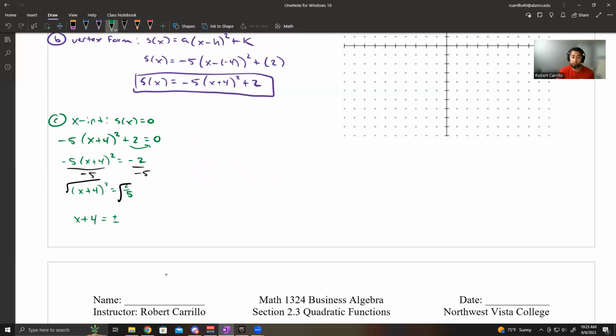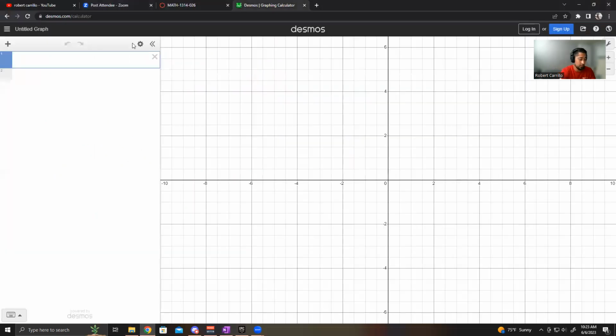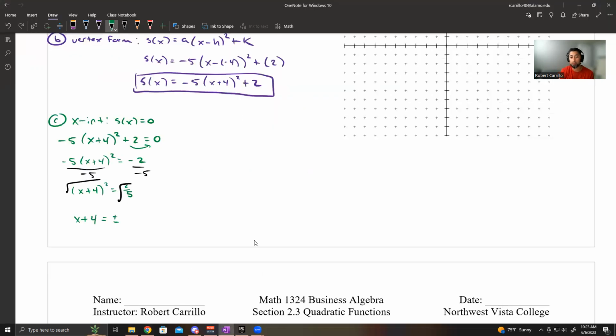All right. So I do have Desmos up to show you guys. We can type this in. I can do the square root of 2/5. And we'll do this to 2 decimal places. That's fine. It is 0.63. So it's going to be plus or minus 0.63. Subtract that 4 over, and we get x equals -4 plus or minus 0.63.